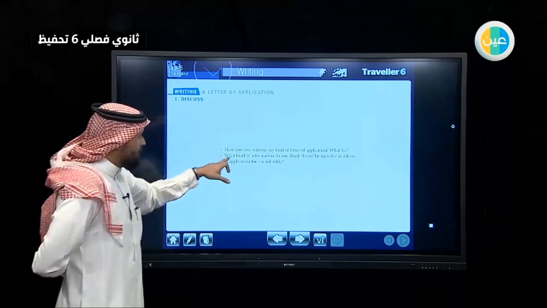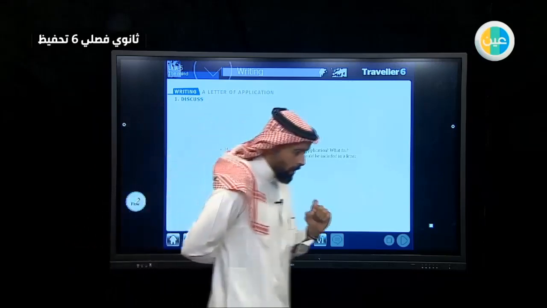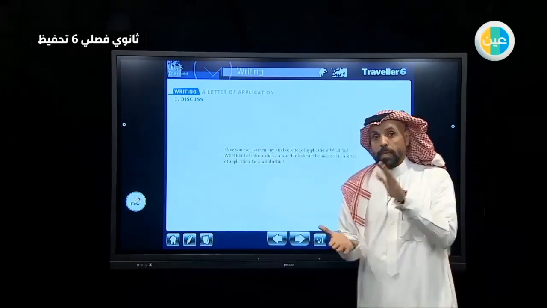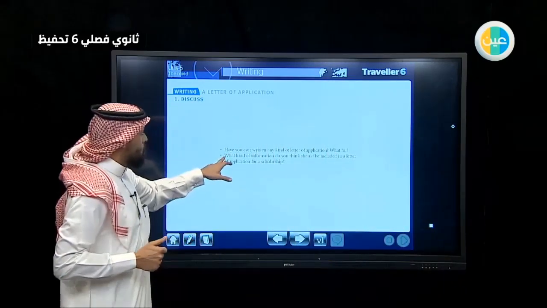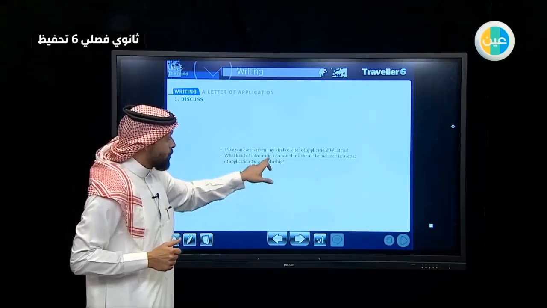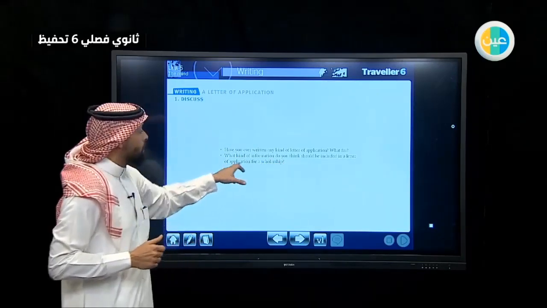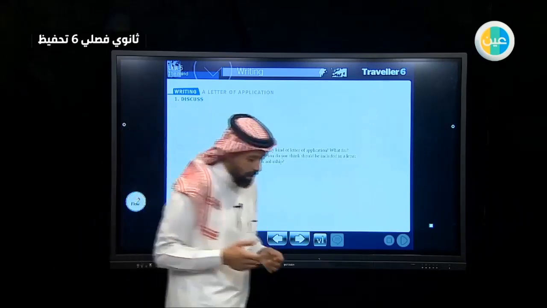Okay, what kind of information? Notice this, please. This is information you will be preparing for writing your letter of application. What kind of information do you think should be included in a letter of application for a scholarship? Scholarship.